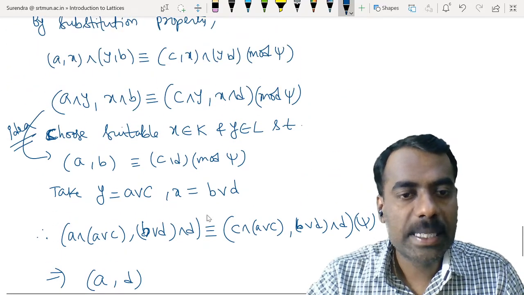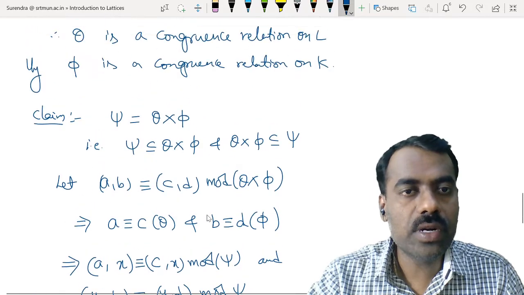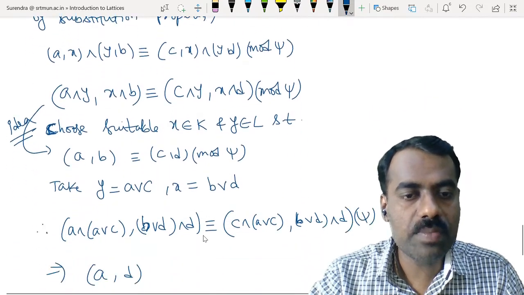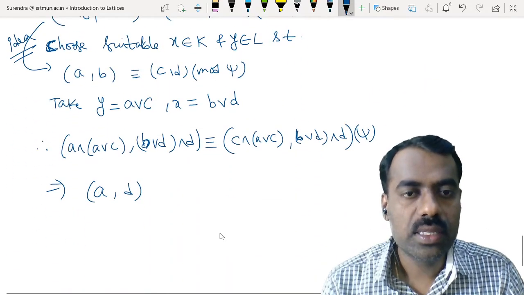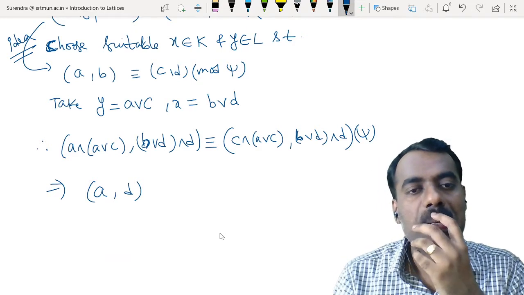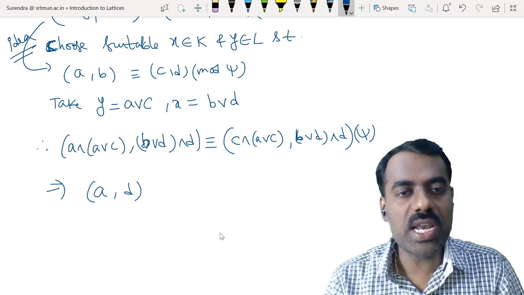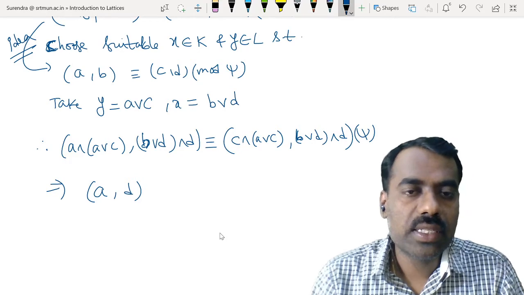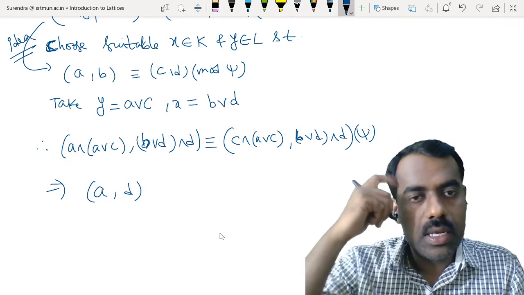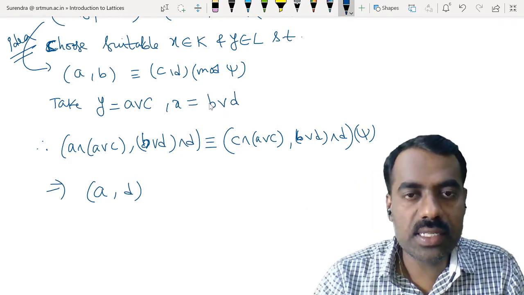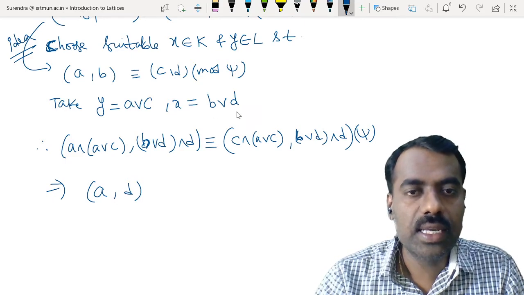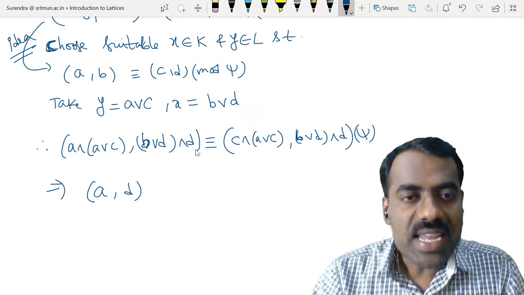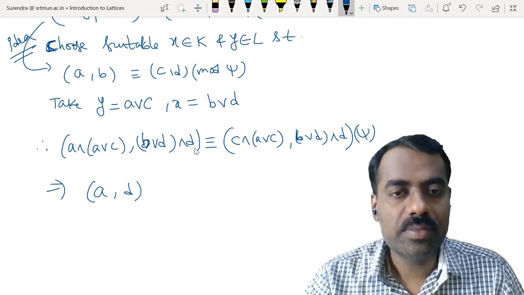Any problem? Yes, sir. Because what we want to show, here we want b, right? See, one second, this is not correct, because what we get here is b join d meet d, and d is smaller.